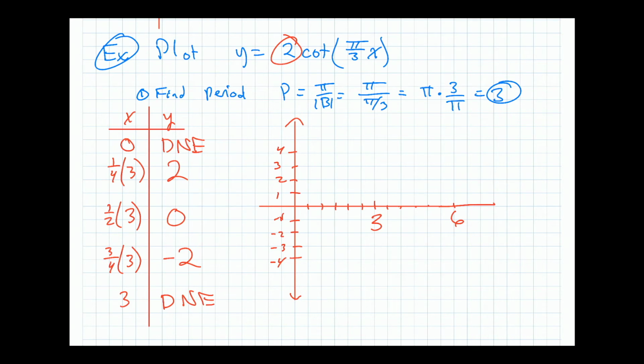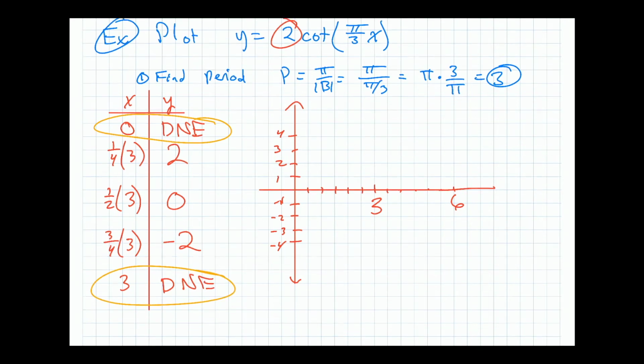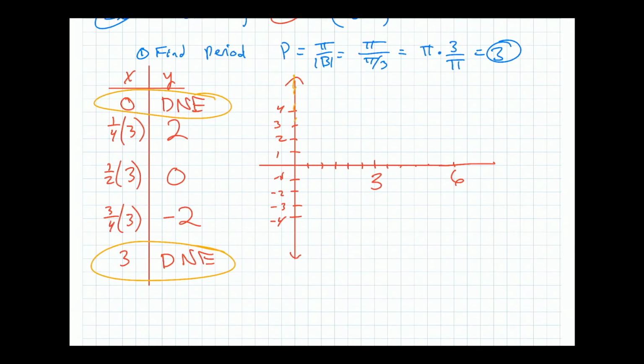Okay, good enough. So if you want to plot this and this, those are your asymptotes, 0 and 3. So those are your asymptotes.